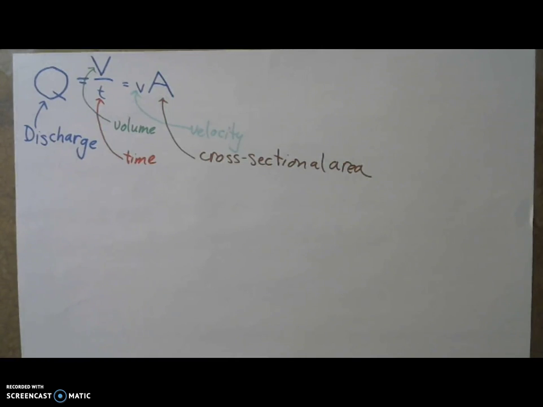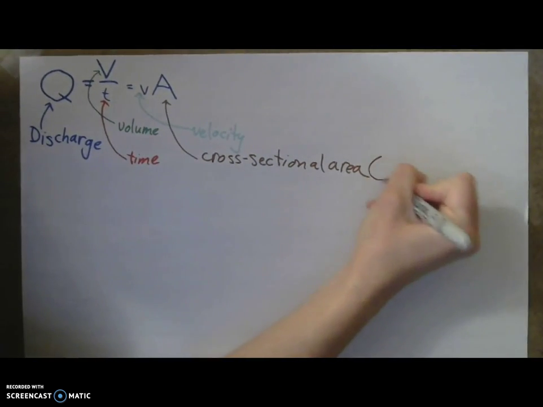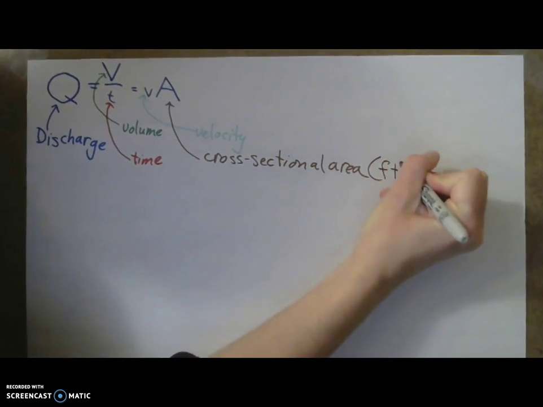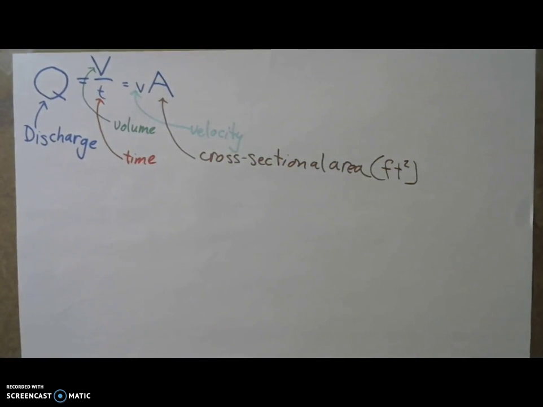Area will have units like feet squared or meters squared, some type of length squared, because we are multiplying two lengths, width times height. Velocity is like speed, but with direction. The units will be similar to speed limit units, with length per time.